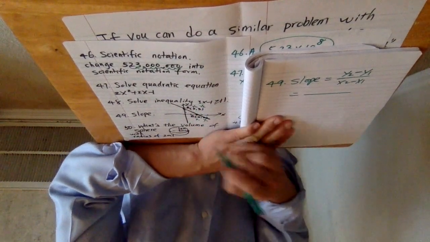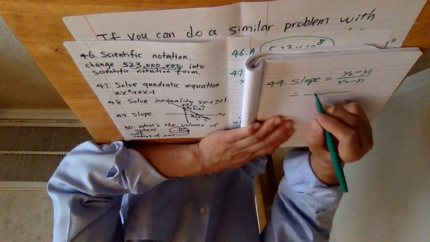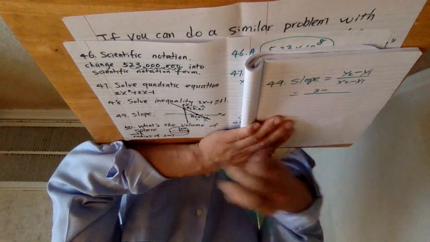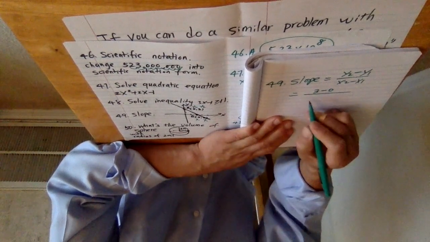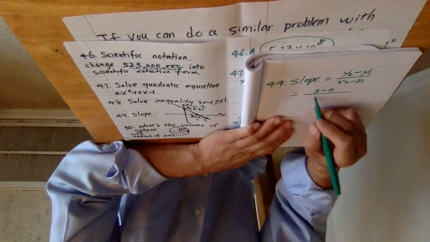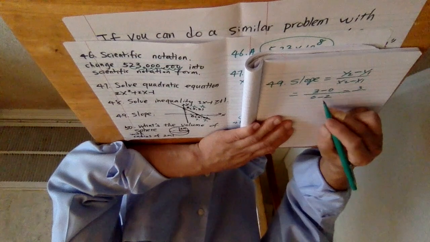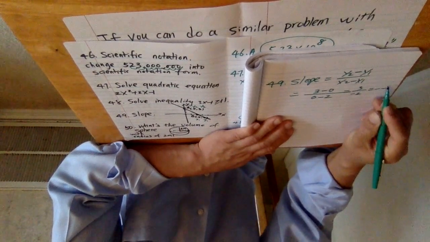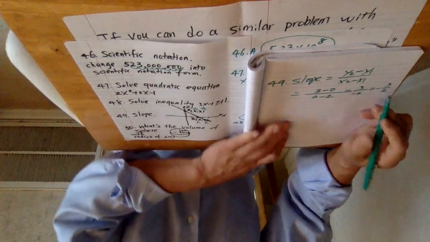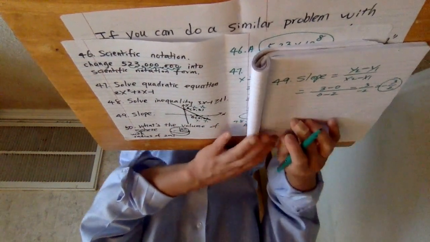So y2 is 3 minus y1 which is 0, divided by x2, which is 0, minus 2. 3 minus 0 is 3, and 0 minus 2 is negative 2, so the answer for this slope is negative 3 over 2. So the slope is facing this way, to the left.